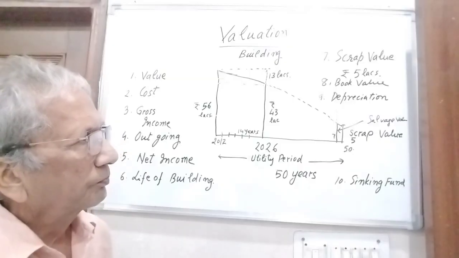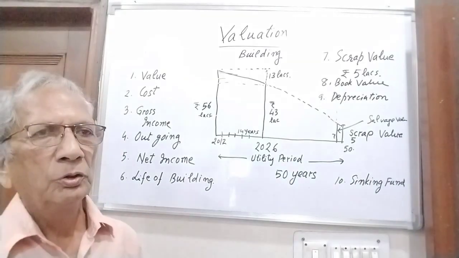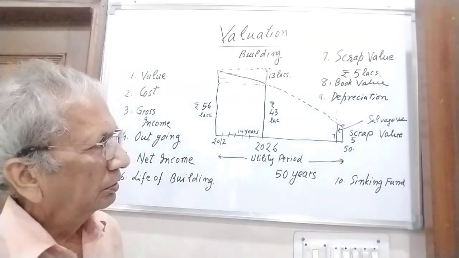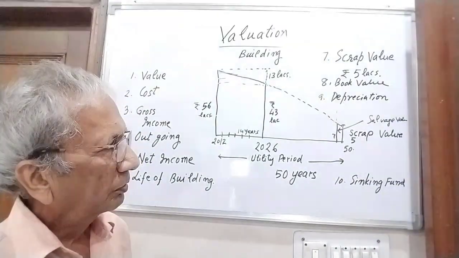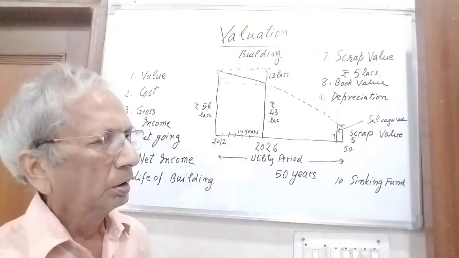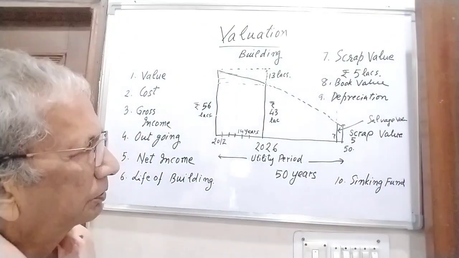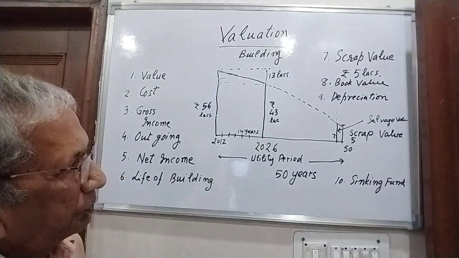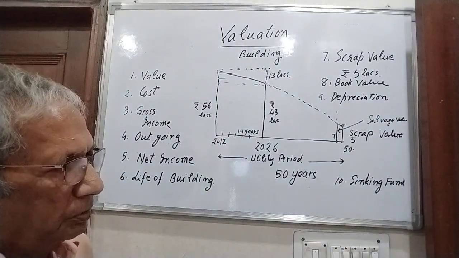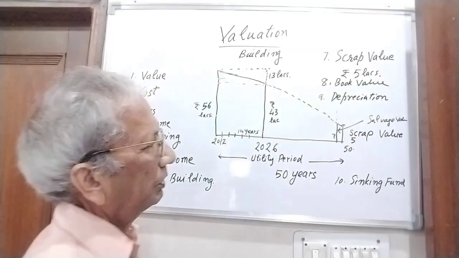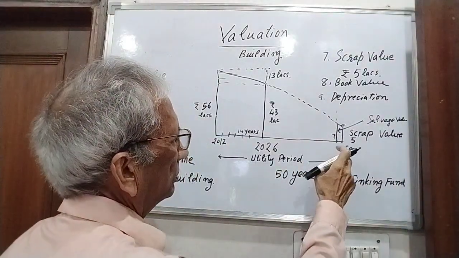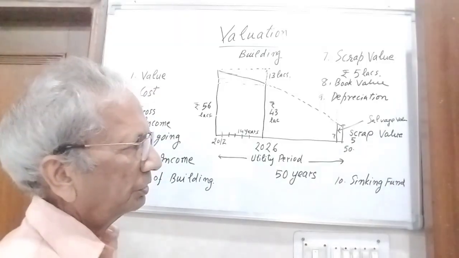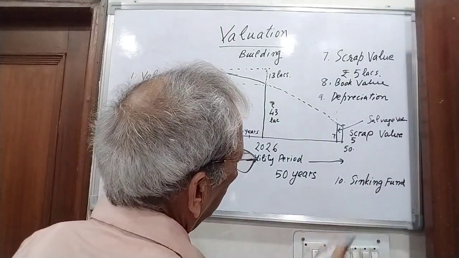From this value, we will construct new building because people are not attracted for this old building. When there is no provision of lift, there is no provision of AC. Therefore, new building with modern facilities will be constructed. This amount which we subtract from the gross income is called sinking fund.